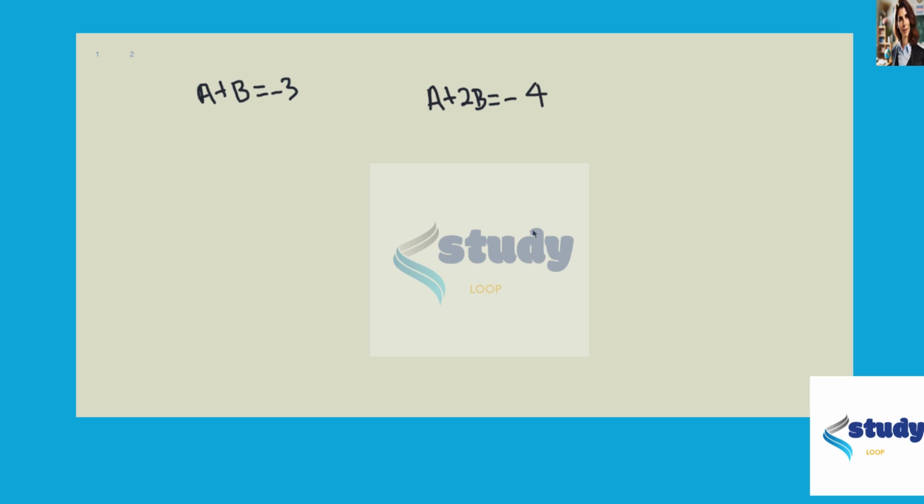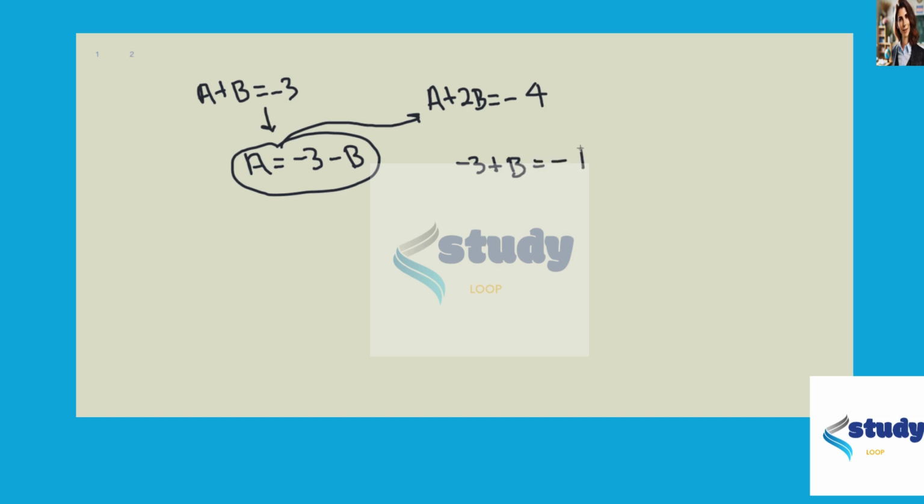Now let's just solve this 2 by 2 system for A and B. For example, I could take this first equation and get A by itself. Then we could plug this A value into the other equation. By doing so, we get negative 3 plus B equals minus 4.